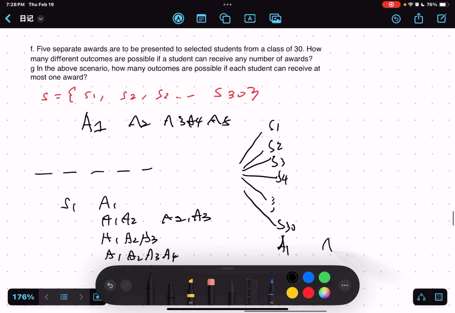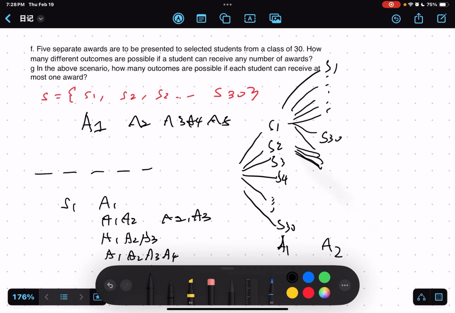And in step 2, the number of ways to choose award 2, we still have 30 students, because each of the students can receive as many awards as they like. So for S1, we still have 30 ways from step 1 to step 30.